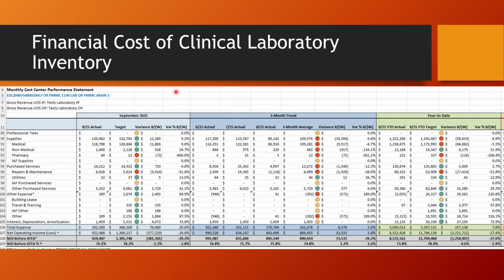Currently, we see that in September at this line 90 for our supply costs, we are below our target costs. However, over here in our year-to-date, we're actually above our year-to-date cost by about $58,000, which is an above cost of 4.9%.